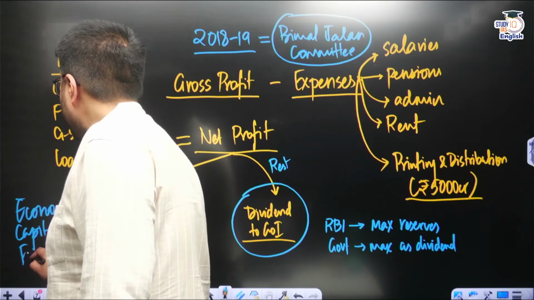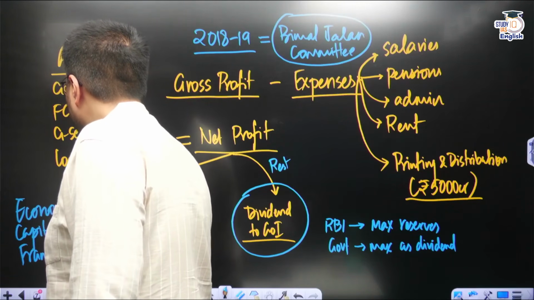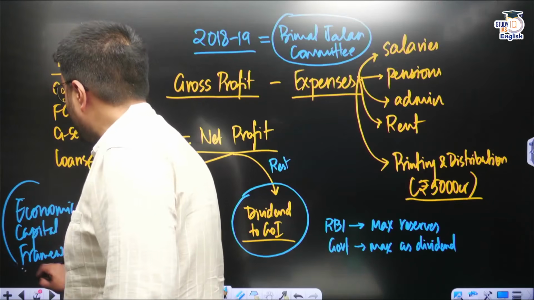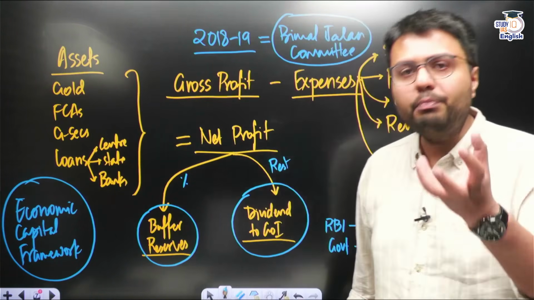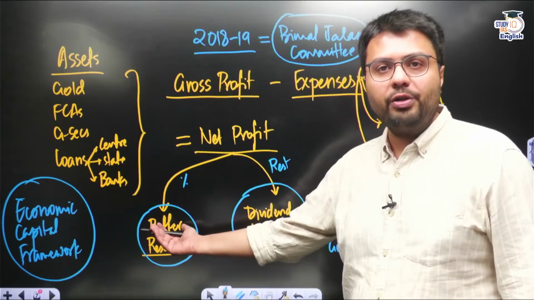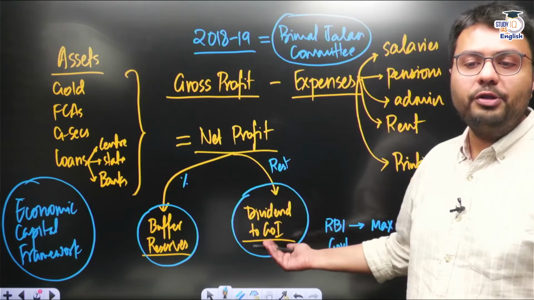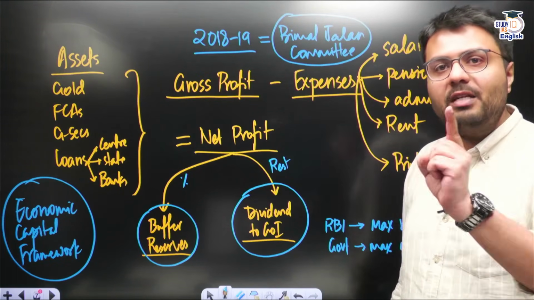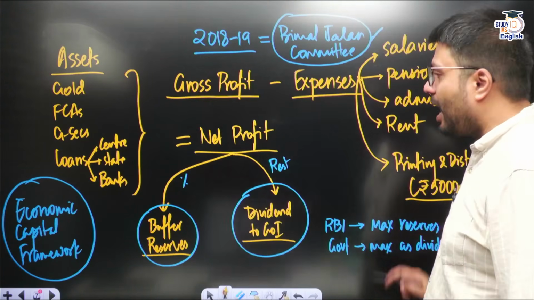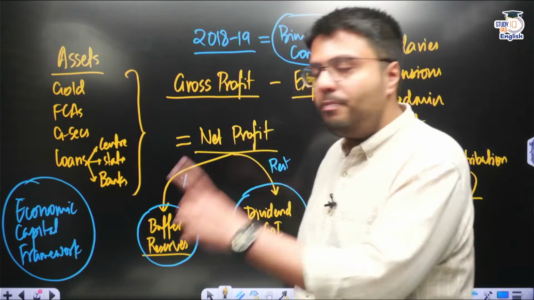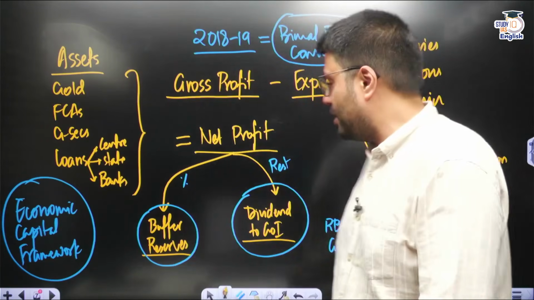And this Economic Capital Framework, which was set up based on the recommendation of the Bimal Jalan committee, forms the crux which helps RBI determine how much money it should keep as reserves and how much money it should transfer to the government. So let us try to understand what the recommendations of the Bimal Jalan committee were and how RBI would finalize its economic capital reserves.